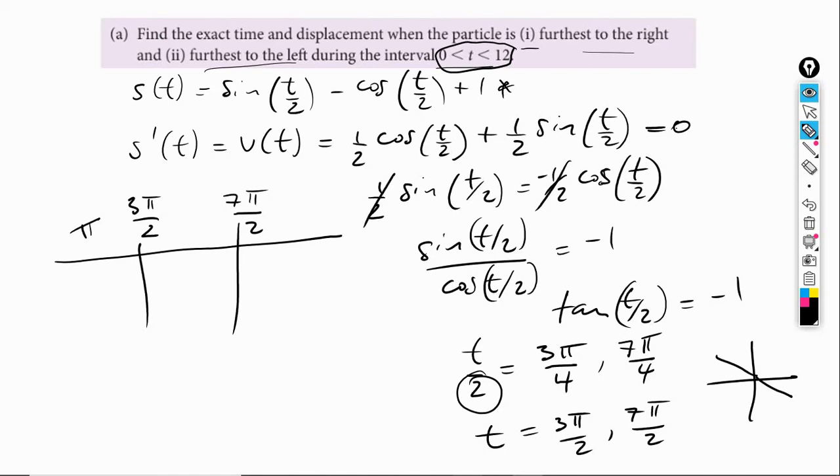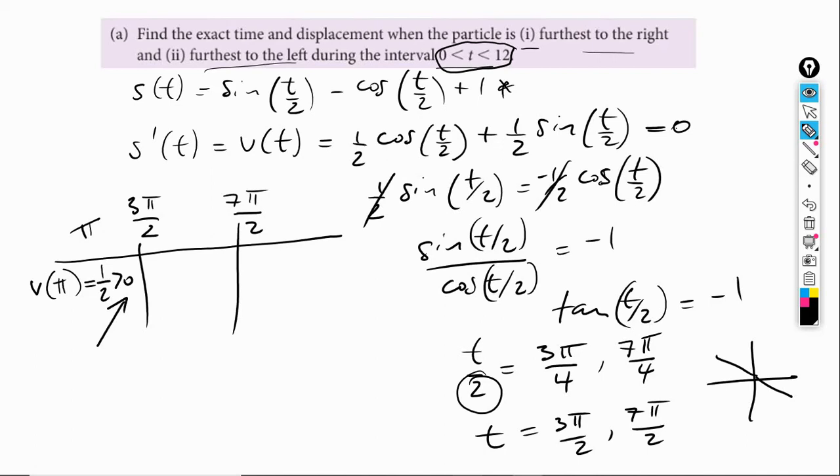So what happens when we plug this into the velocity function? Because the velocity is going to give us the slope of the displacement. So what happens to velocity when time is pi? We do the math, we get 1/2, which is positive. That means that the graph is increasing. So here, which is a maximum, I'm guessing that here it's going to start decreasing.